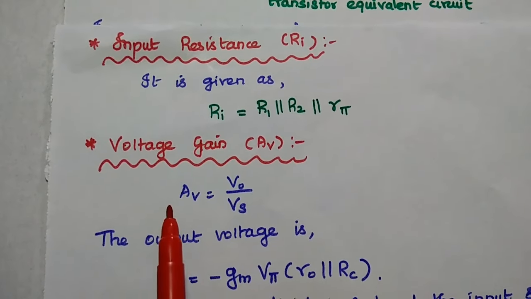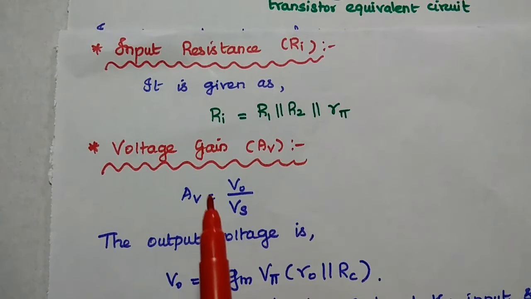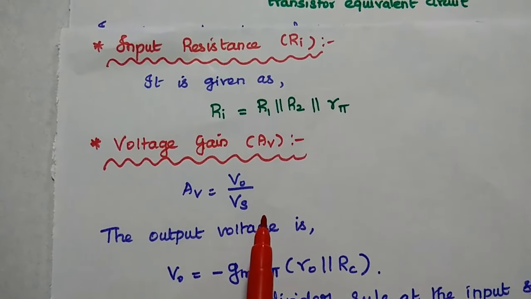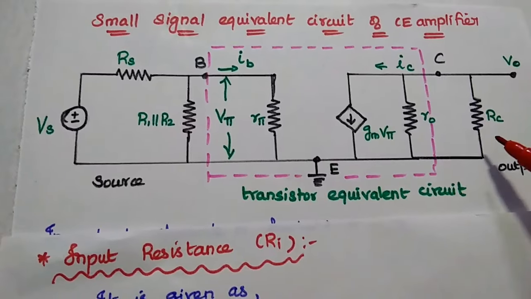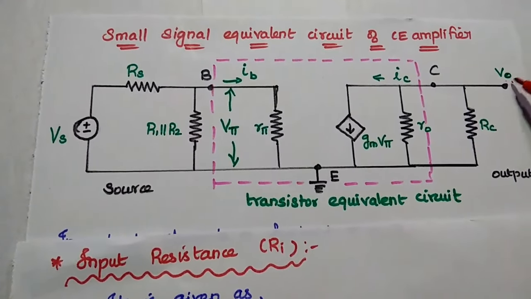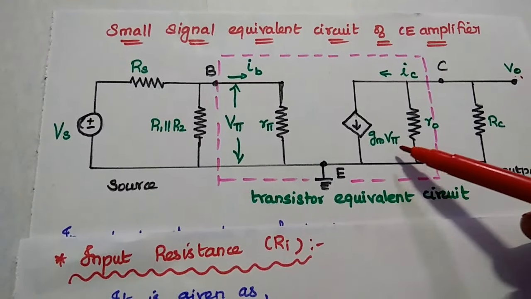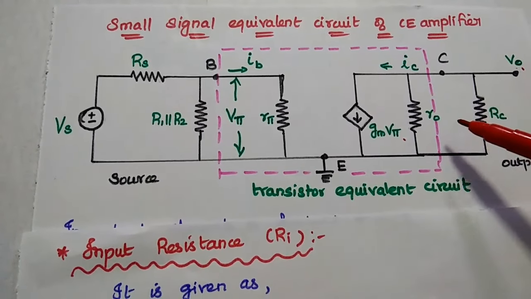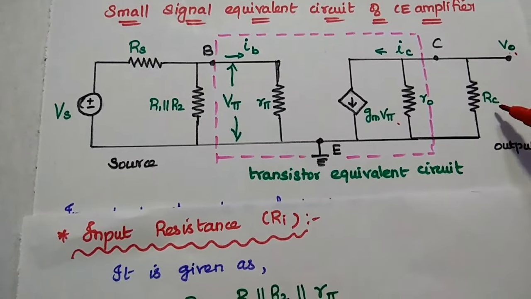So next one is voltage gain. Voltage gain is defined as the ratio of output voltage to the input voltage. So what is the value of this output voltage from this equivalent circuit? Here this output voltage is equal to Gm V pi into the resistance. Resistance is nothing but what? Ro parallel with Rc.